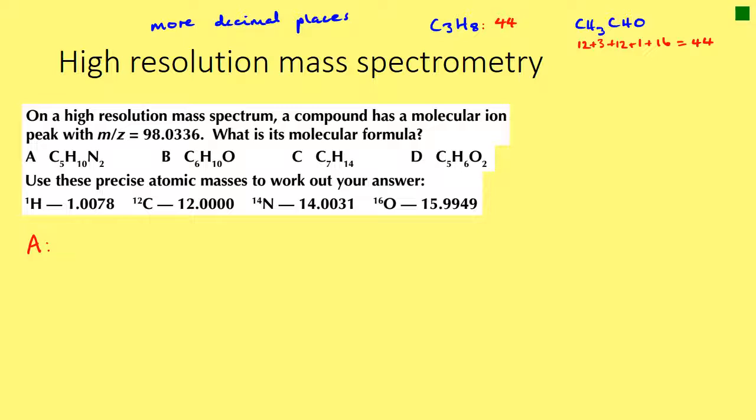So we've got 5 carbons, that would be 5 times 12. And you should really write down all your decimal places each time. And we've got 10 hydrogens, so it'd be 10 times our 1.0078, and 2 times our nitrogen, which is 14.0031.